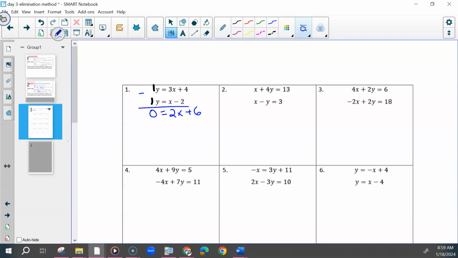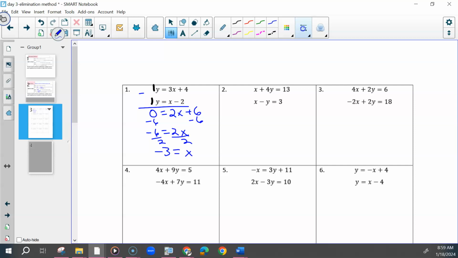We will divide, not first though. So we subtract 6. Actually, in this case, it wouldn't really matter, but you would still have to move the 6 and divide both sides by 2.